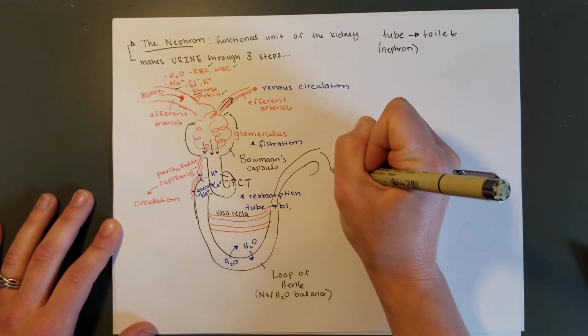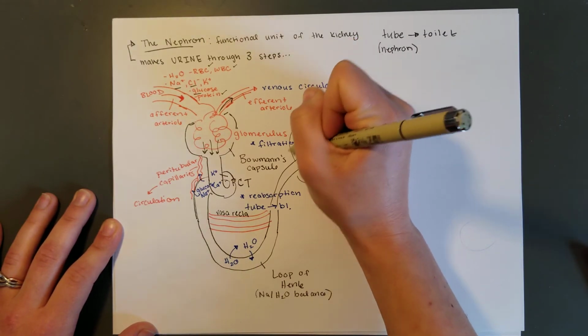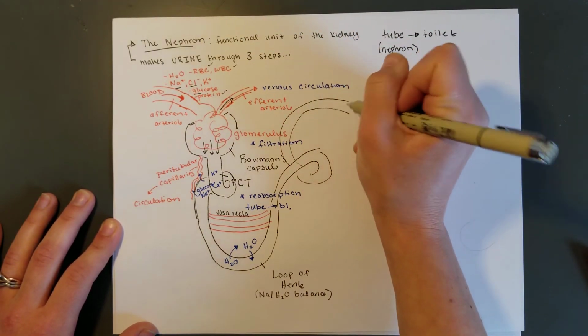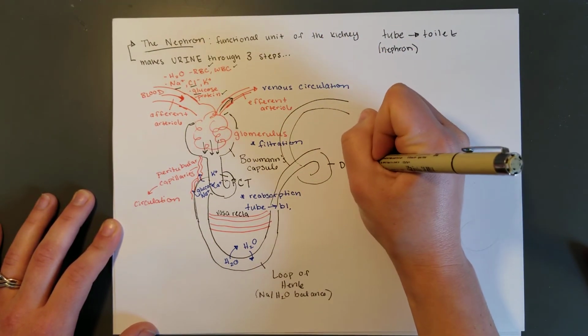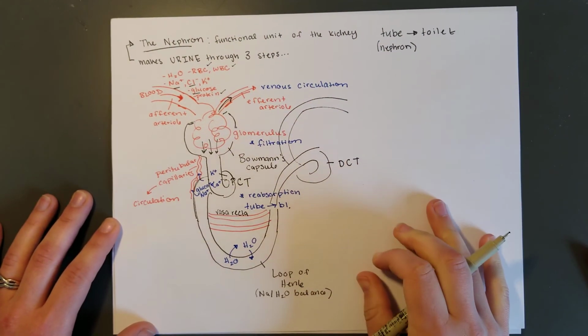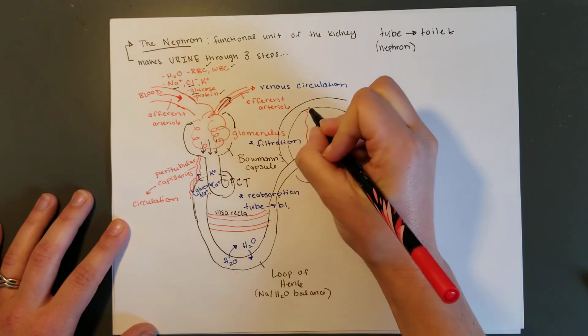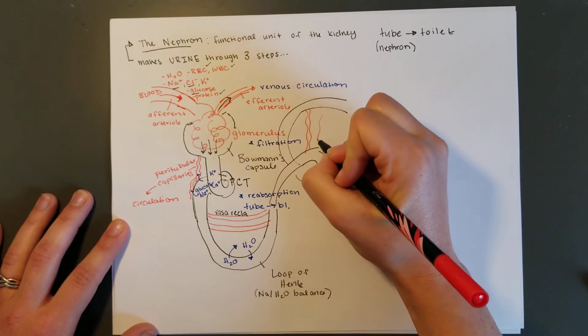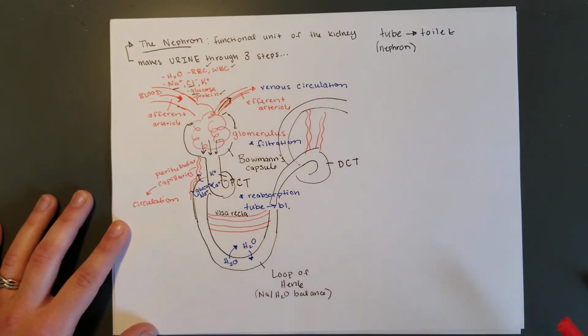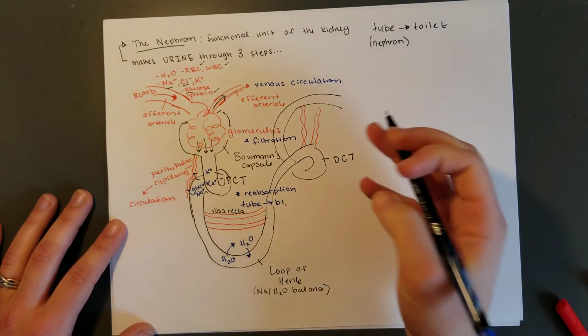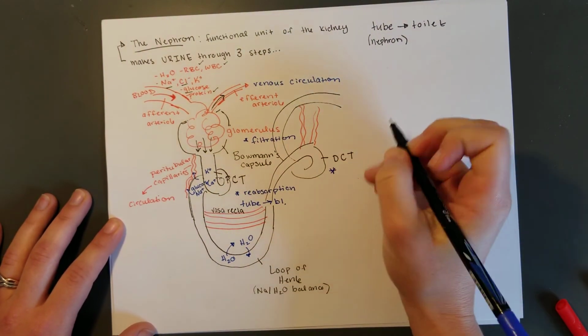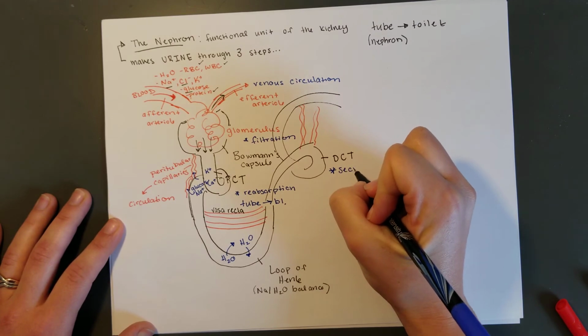Okay? All right, so after the loop of Henle, the next portion of the nephron that we see is going to be the DCT. Okay, so now we have distal convoluted tubule. And the DCT is once again surrounded by these peritubular capillaries, so just blood supply. Blood vessels are surrounding the DCT. And at the DCT is where we see the third step of urine formation, which is secretion.